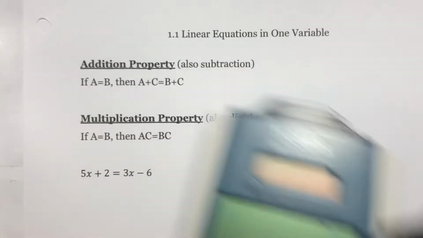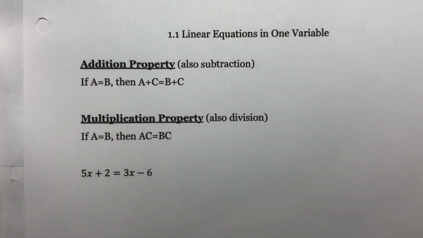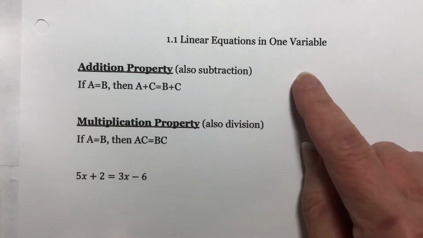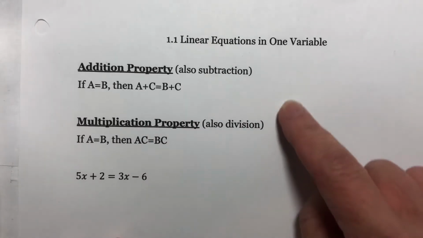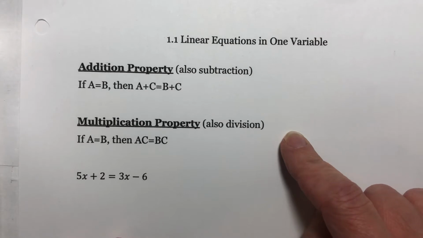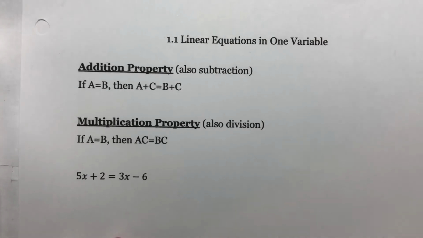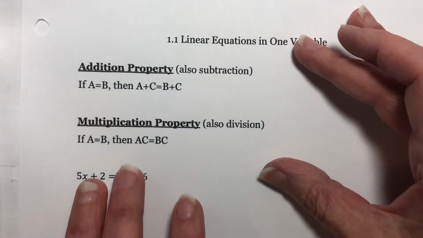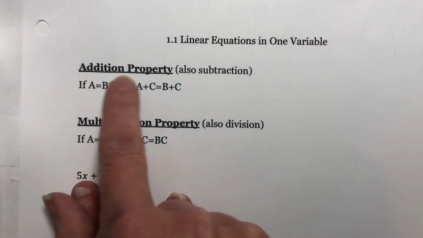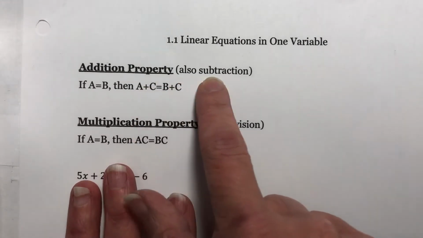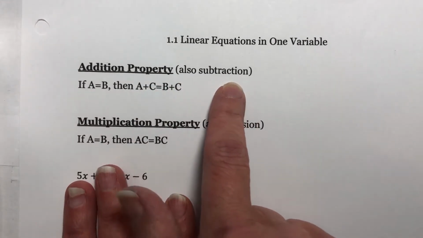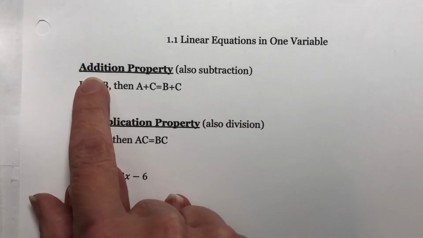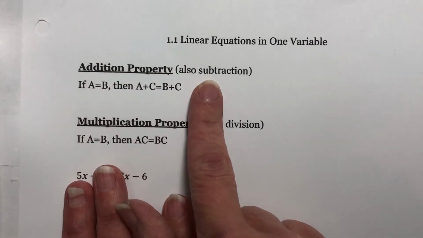Okay, so let's start off by talking about some of these properties. I'm always going to give you formal definitions before we start working a new topic. Now, it takes practice to be able to read these. I will always explain them, okay? The first thing we have is the addition property, and it says also subtraction. Most of the time, if we have an addition property, we also have a subtraction property.